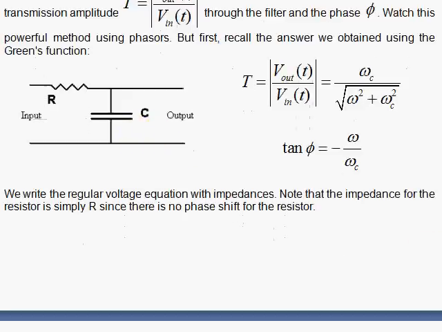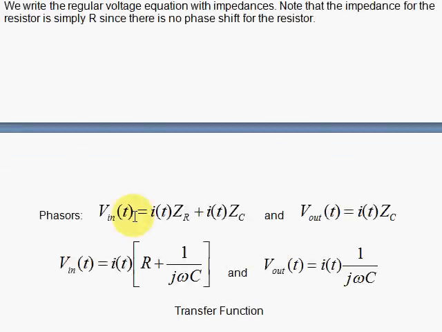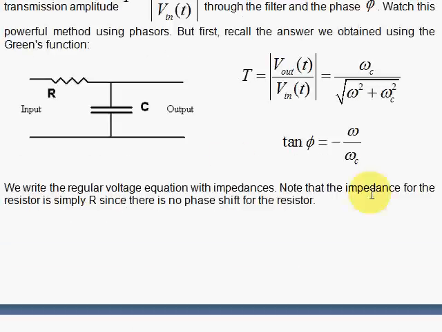So we set this up using the voltage formula here, where the input voltage is equal to the voltage across the resistor plus the capacitor. And now we use the generalized Ohm's law for the resistor and the capacitor. Same current is going through both of those, since there's a series arrangement here on the input side.